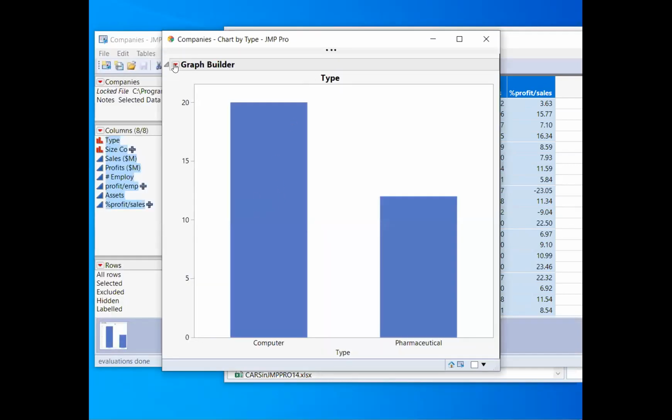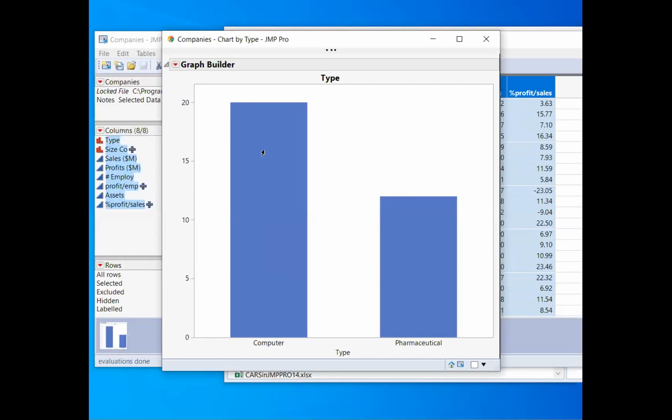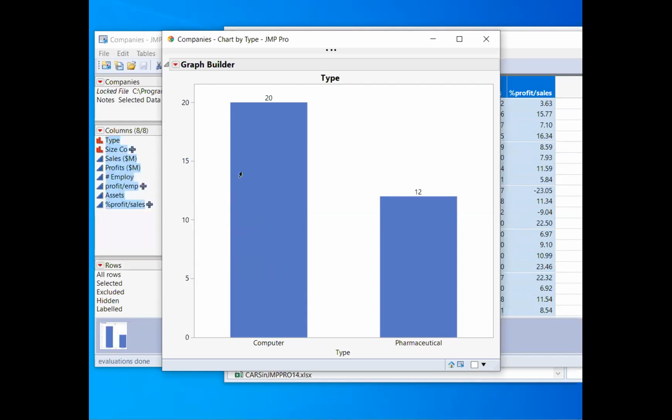If you want more information added, you go here, and then you can add a title. You can also right click here and add more information like labels, right? You can change colors, and you can do a lot of things here. All right.